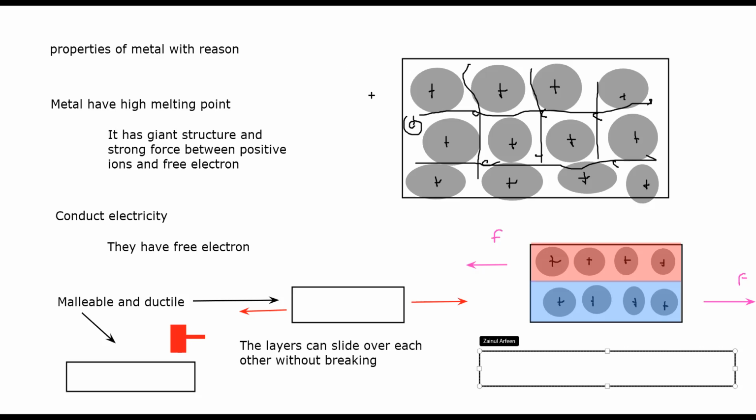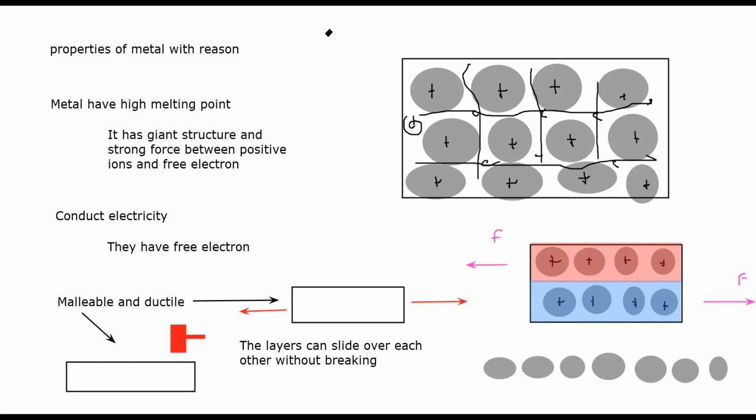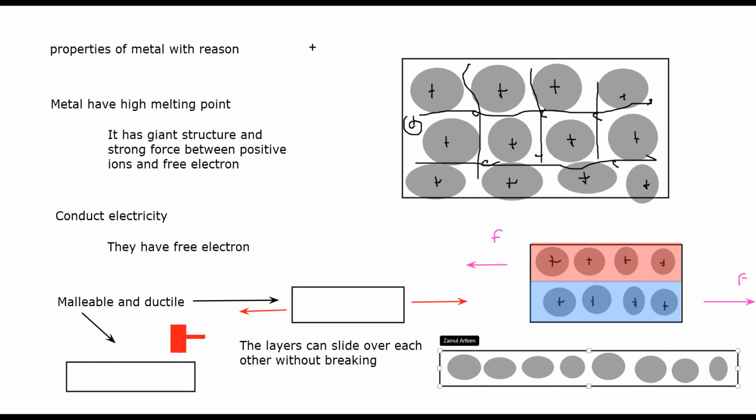The number of the positive ions remains 8, so the number of positive ions remains the same, but the layers slide over each other.